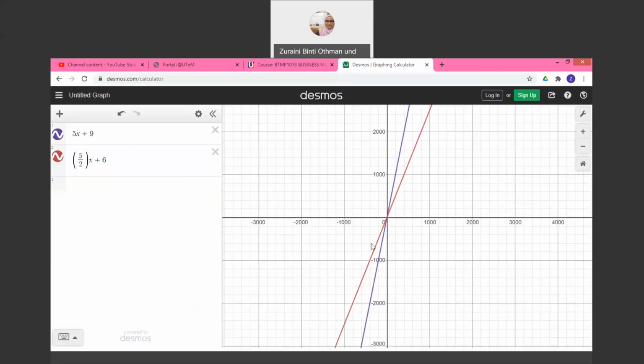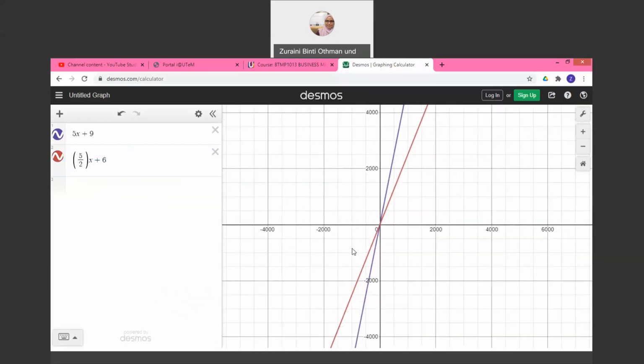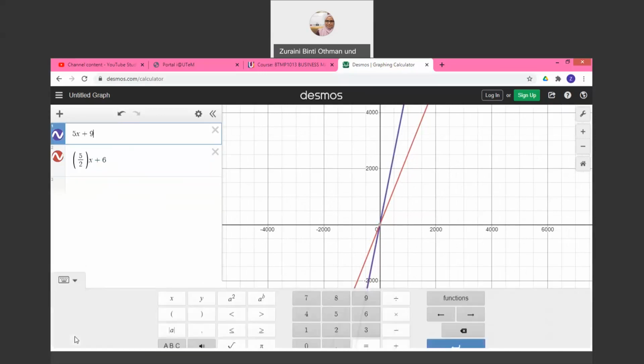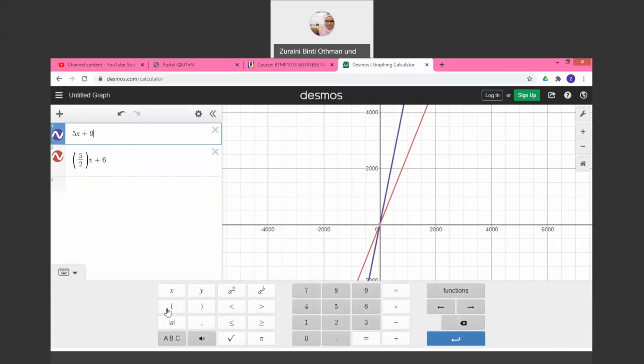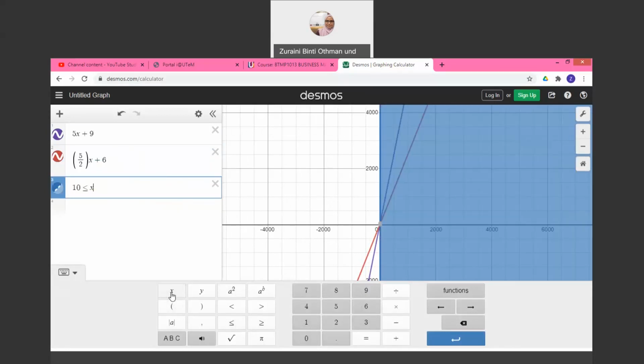Okay, if we want to analyze, then we want to look at only the particular. For example, here we want to look at only at particular point like 10, then x. So kita nak tengok x yang greater than 10 sahaja. So this is the point.